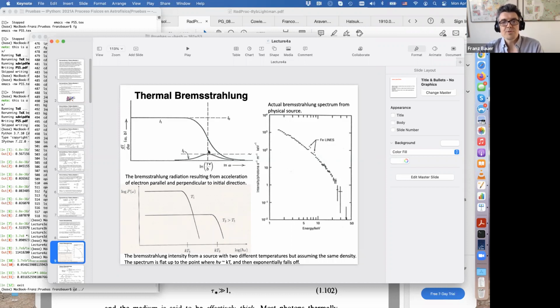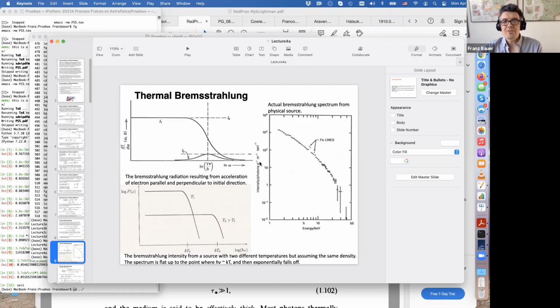It's much more diminished than the perpendicular component. You would add up both of them to get the whole thing. So this is an ideal case. This is what you end up seeing in practice, say in the X-rays. This is a very hot source where we don't see the peak at all, but we basically see this exponential cutoff here.